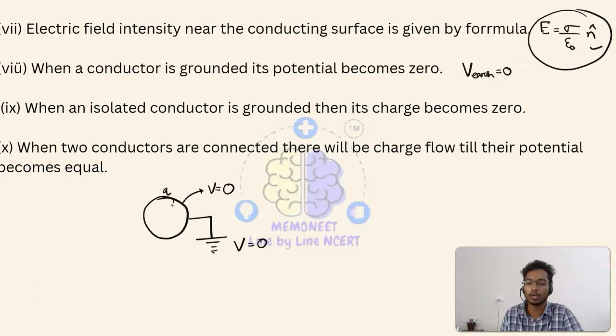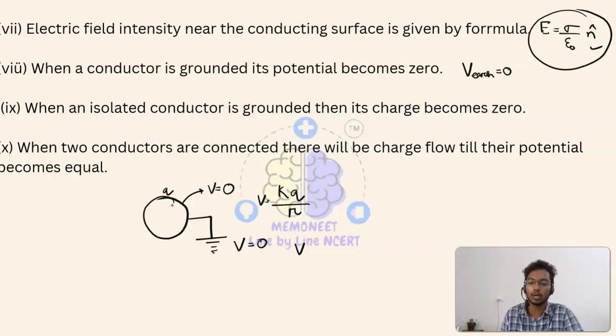Let's say this conductor has charge q and potential V is equal to kq upon r. When it is grounded, it will be equal to that of earth. So for the potential to be 0, we have to move the charge into the earth.